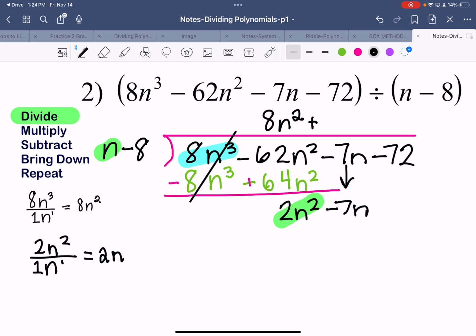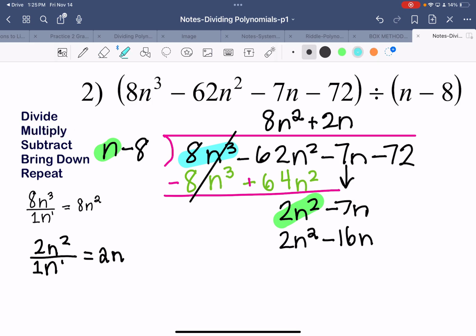So plus 2n. Division is done. Now we're going to multiply. So we have 2n times n. We get 2n squared. Now we're going to have 2n times negative 8. That gives me negative 16n.